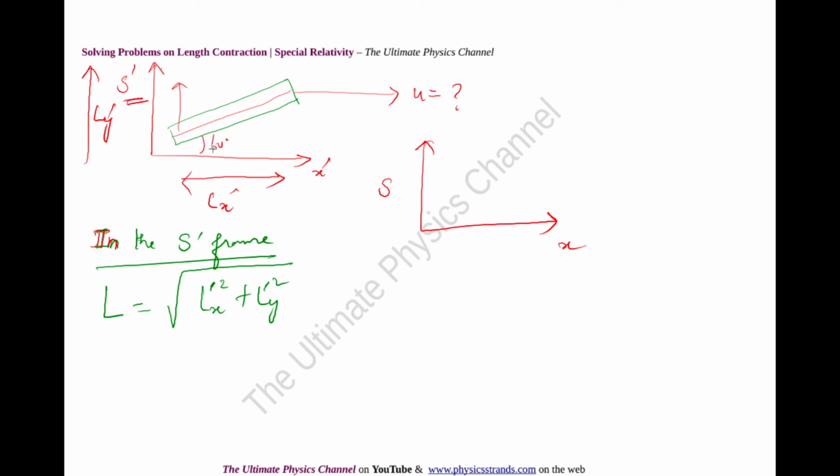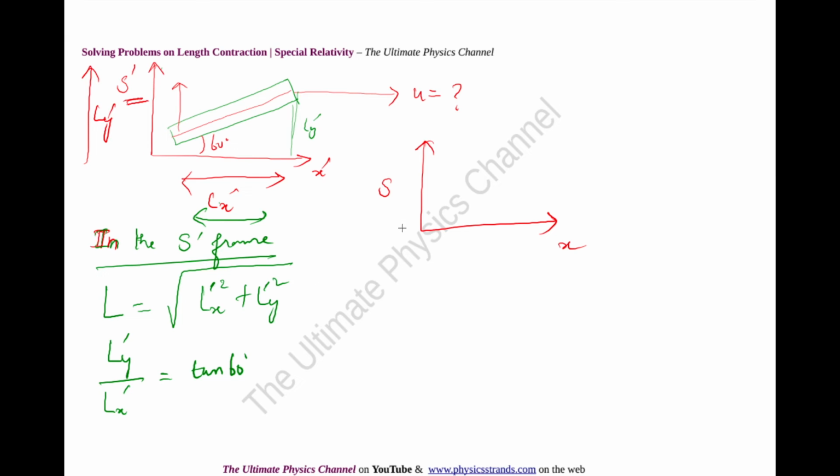And given information is 60 degrees angle. So here the contraction occurs along this direction, Lx. Ly prime does not change, isn't it? So the ratio of these two sides, Ly prime to Lx prime, is going to be tan 60 from this triangle. This is Ly prime, this is Lx prime, so the ratio is tan 60 angle.